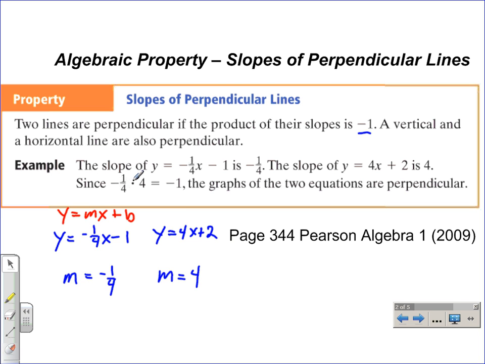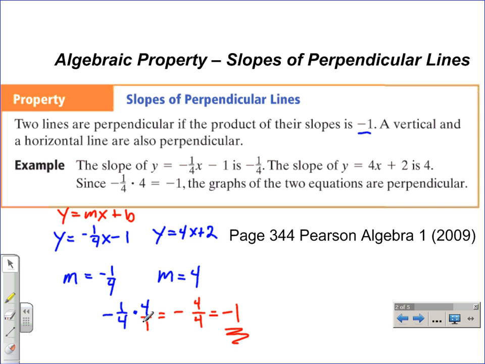Since -1/4 times 4 is equal to -1, here's showing you what that means exactly. A negative times a positive is equal to a negative. 1 times 4 is equal to 4, 4 times 1 is equal to 4, and that simplifies to -1.